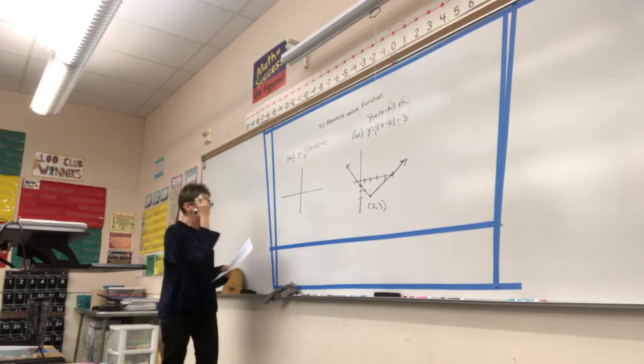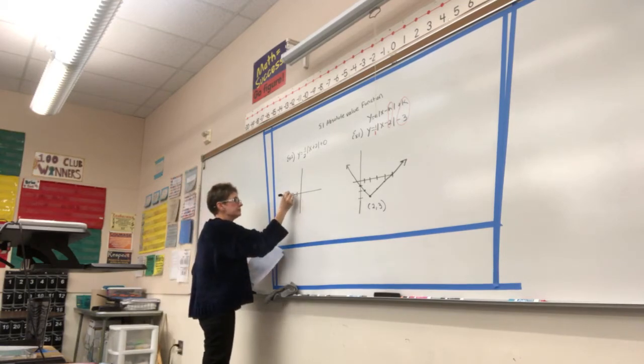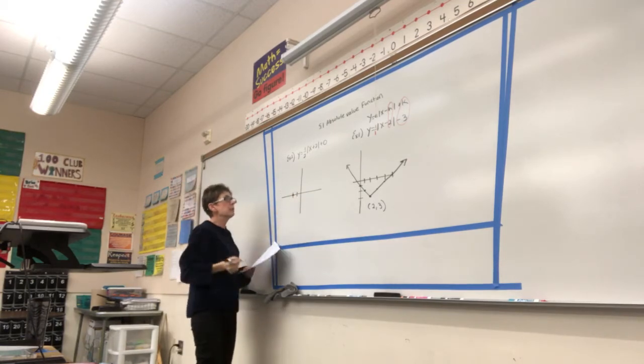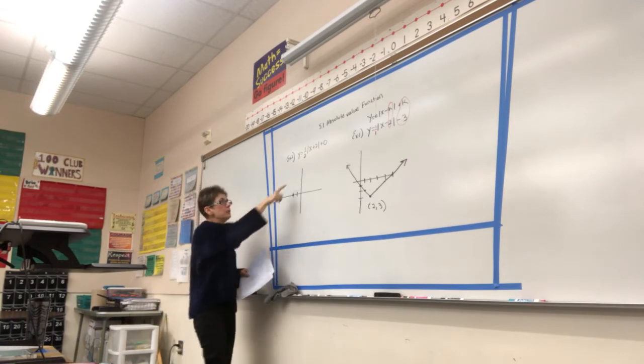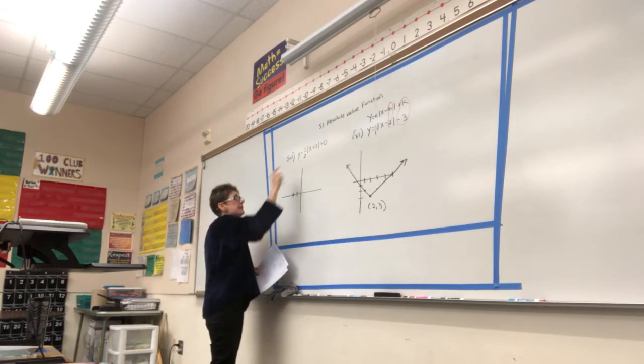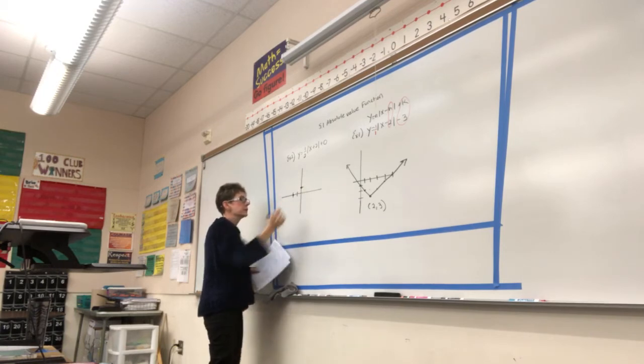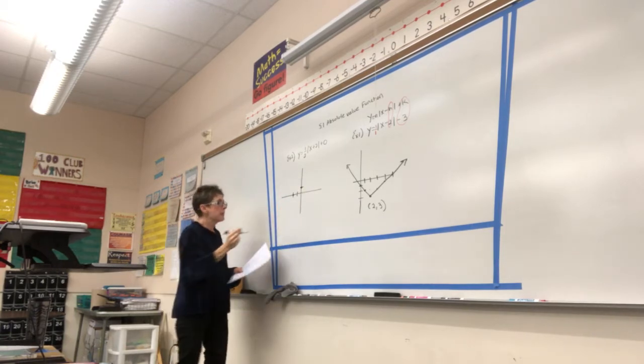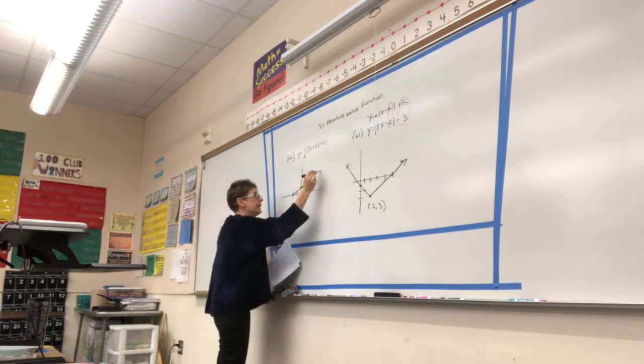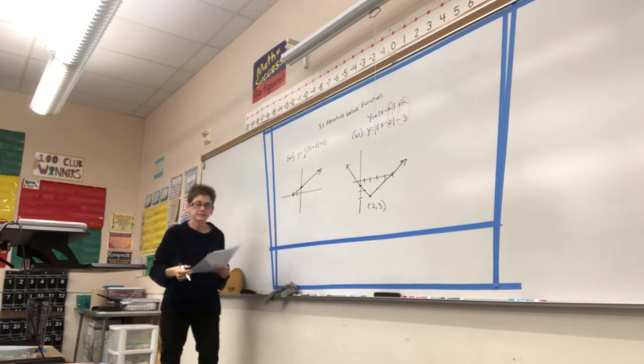Hopefully you said negative 2, 0. So we plot the vertex there. Now, the slope of the right-hand side in this case is up 1 over 2. So I'm going to go up 1 over 2 and put a dot there. And I'm going to draw the right-hand side of my V.